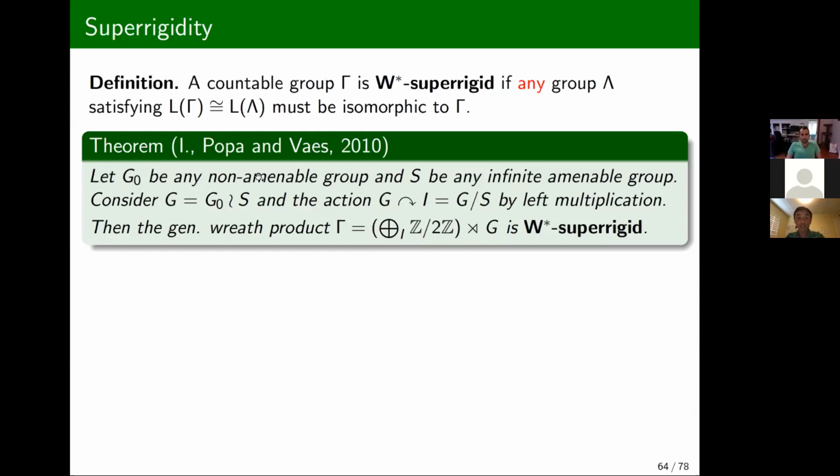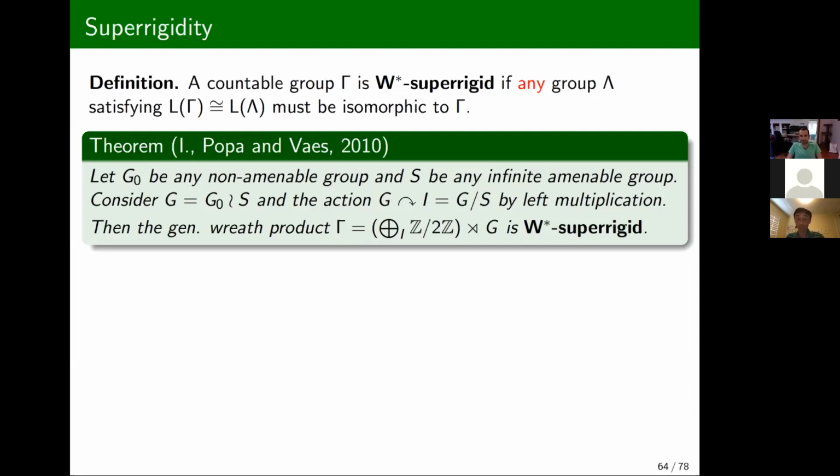Well, these are constructed from any non-amenable group G0 and any infinite amenable group S. You look at the wreath product G0 with S, and then you take the action on the coset space G mod S. Okay, so it's a two-step construction. First, you build this action of G on I by using a wreath product construction, and then you build a generalized wreath product group. So it's an iterated generalized wreath product group.